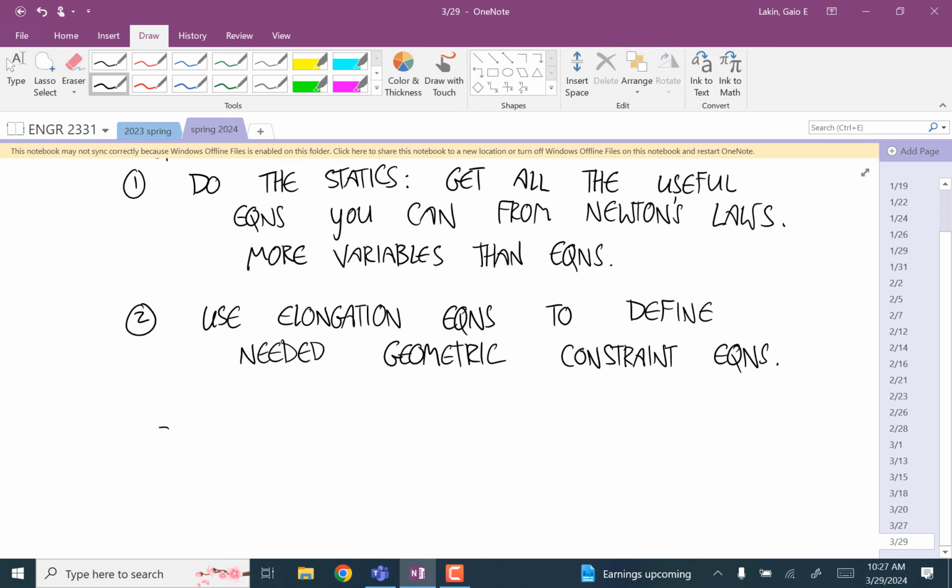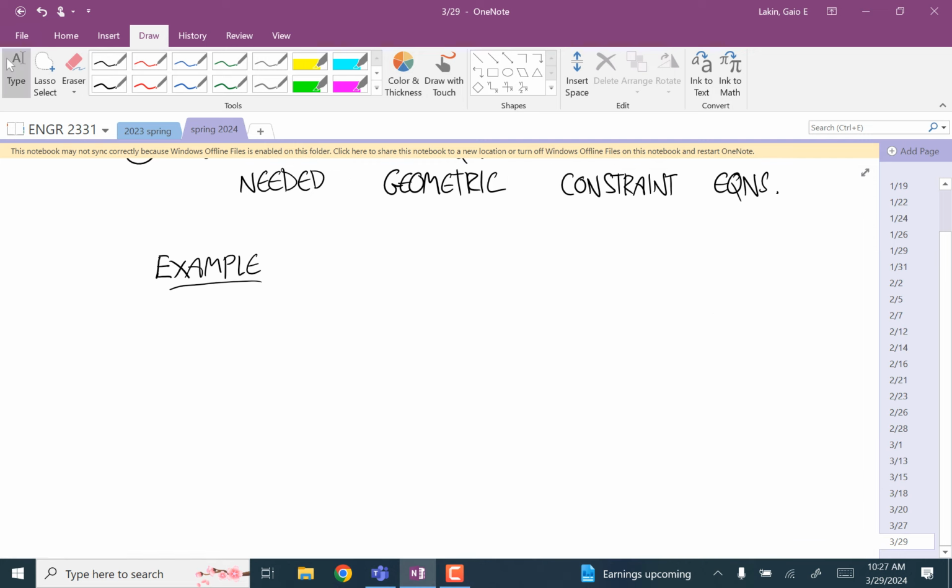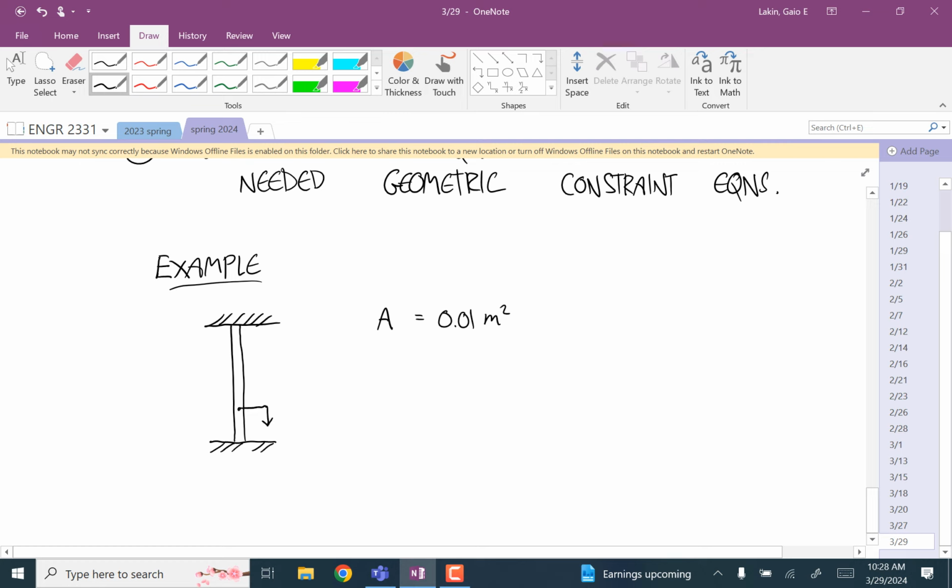So here's an example. Let's say you have a fixed floor and ceiling, and a column between them. The cross-sectional area of that column is 0.01. And a force is applied.